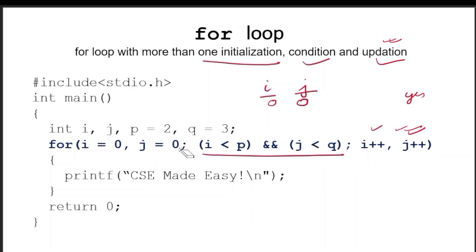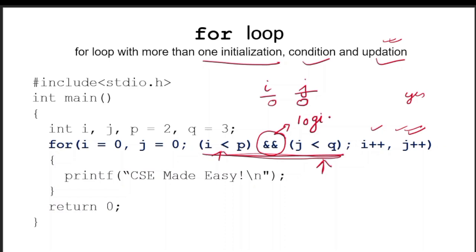Now we will see the test expression. In the test expression you can have more than one expression. As you can see here, you are checking I less than P, and here also you are checking J less than Q, but it has to be connected with some logical operator.